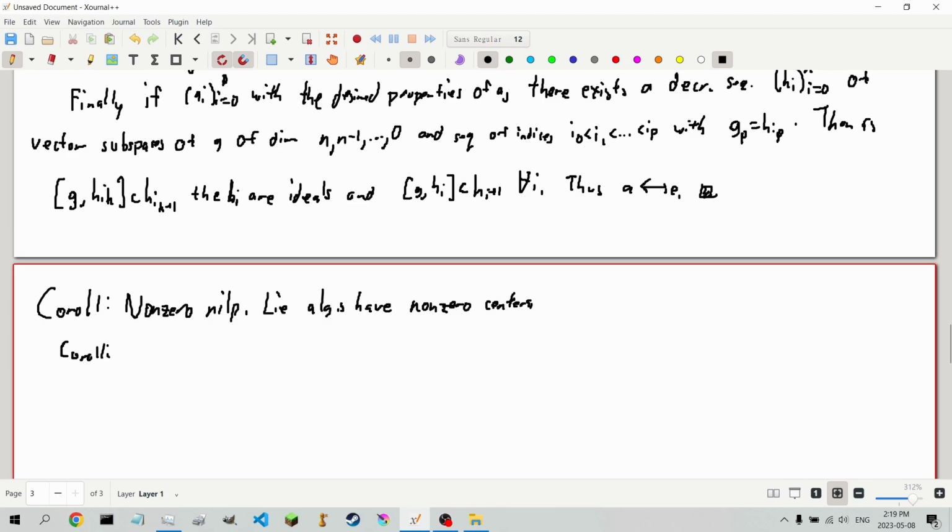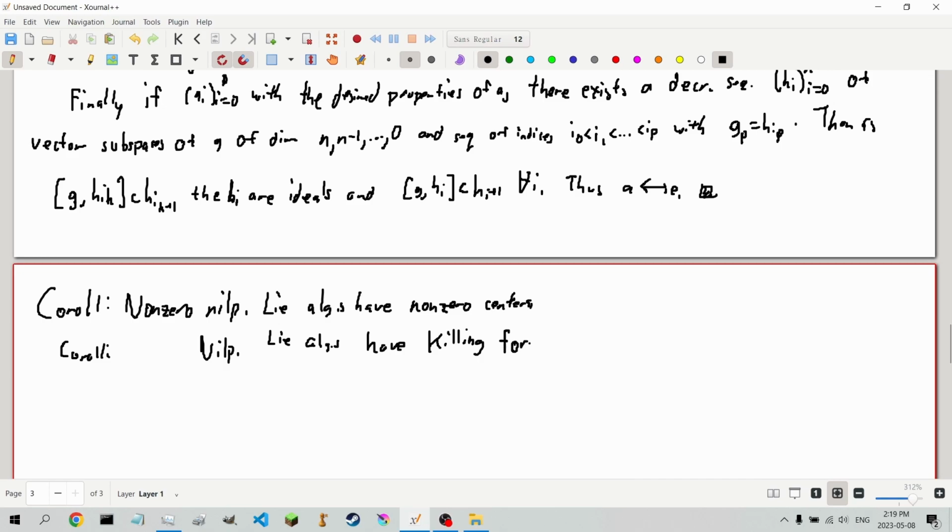Corollary 2: nilpotent Lie algebras have a Killing form, which, as we recall, is a bilinear form, the trace of the product of the matrix forms of the adjoints of its two inputs.